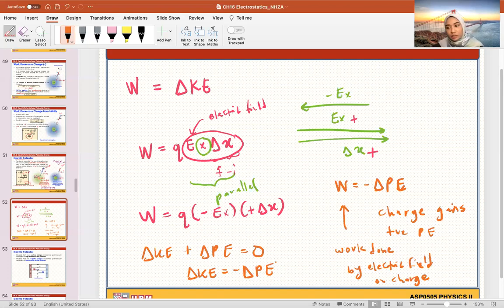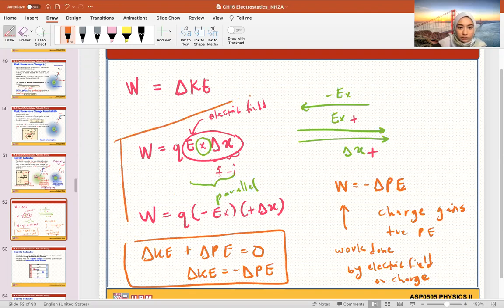If I'm losing speed and come to a stop, I start with speed v as my initial v, and my final v is 0. I am losing kinetic energy, which means I need to gain potential energy to keep everything at 0 by the conservation of energy. So this is our equation. This is also our equation.